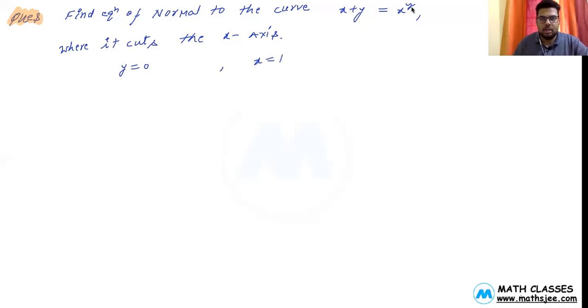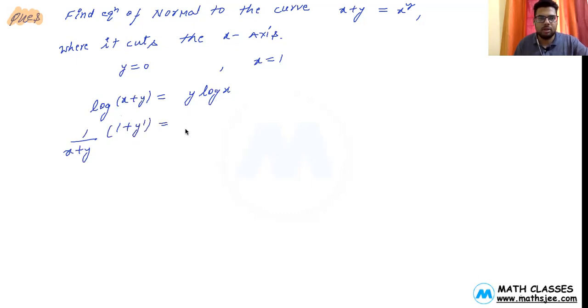Let us try to differentiate, but we cannot differentiate it directly, so we'll take log with base e. So log of (x plus y) equals y log x. Now differentiate. This will be 1 by (x plus y) into (1 plus y dash) equals, applying the product rule, y dash log x plus y by x. Now x is equal to 1 and y is equal to 0, so directly substitute.